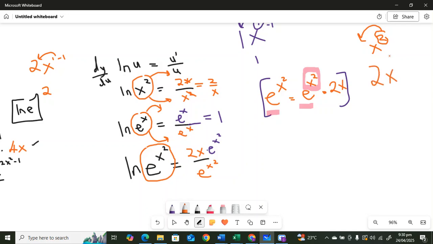Then the same exponent, sir, you subtract a 1 from it. 2 minus 1, that is x to the power 1. Okay, so sir, that's how we've arrived from x squared when we derive it to come to 2x.